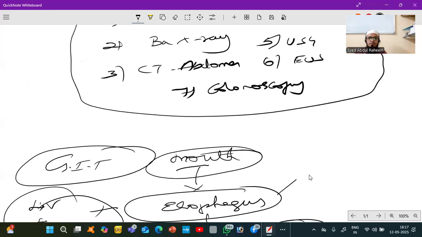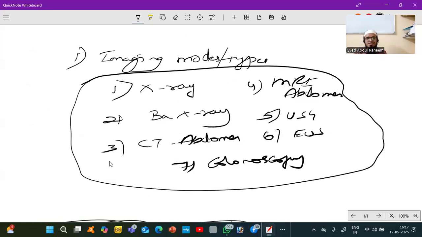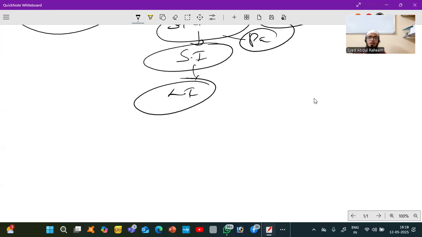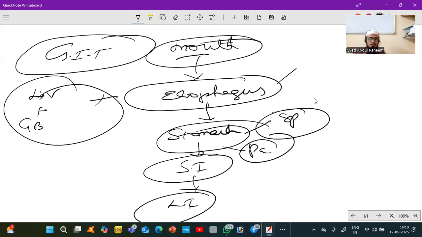We have X-ray, barium X-ray, CT abdomen, MRI abdomen, USG abdomen, endoscopy of upper and lower abdomen, colonoscopy. All these are to study the detailing of the structures of the digestive system.